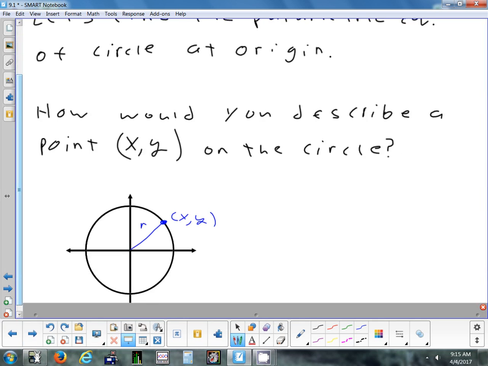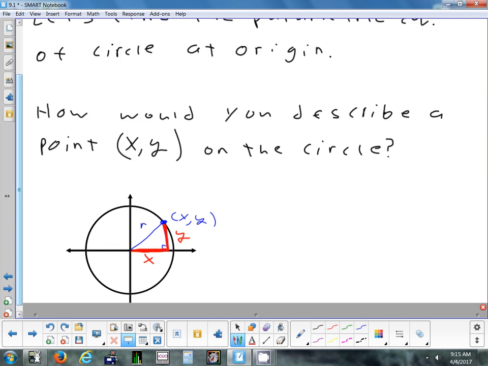And when you think of things parametrically, you have to separate the x and the y, two separate equations. Well, if you take that point and draw a triangle, I've just separated the x part from the y part. I would just have to come up with a formula to figure out each of those.